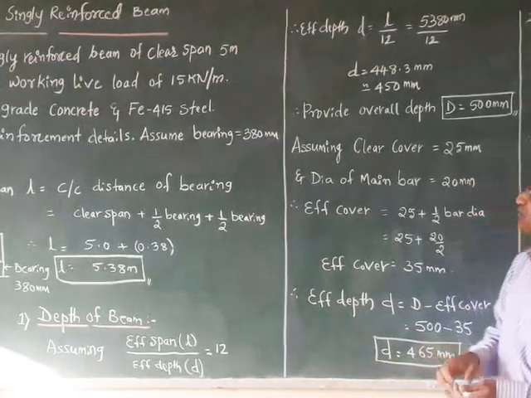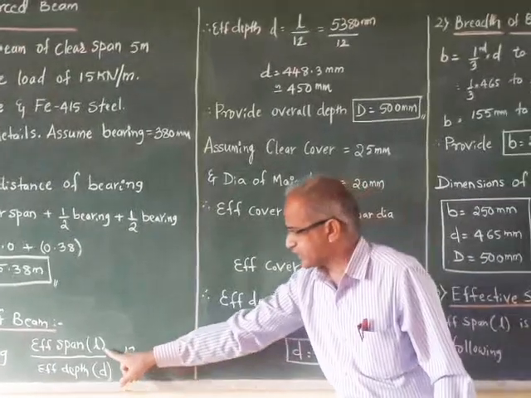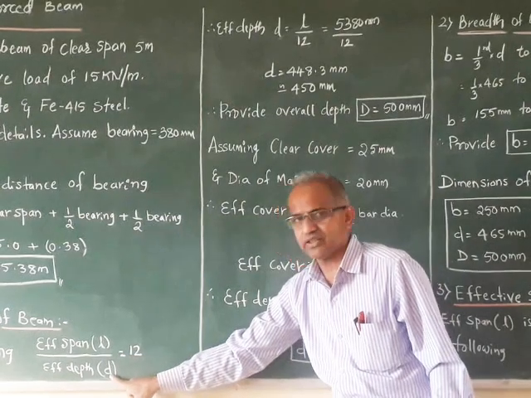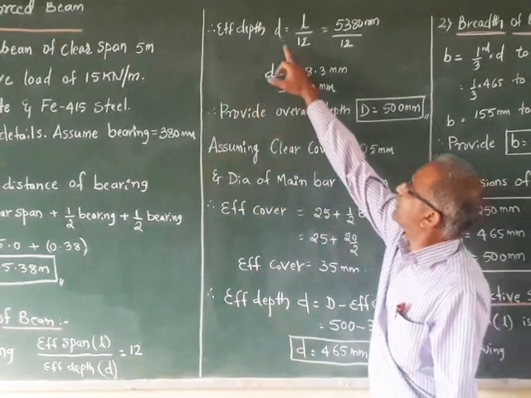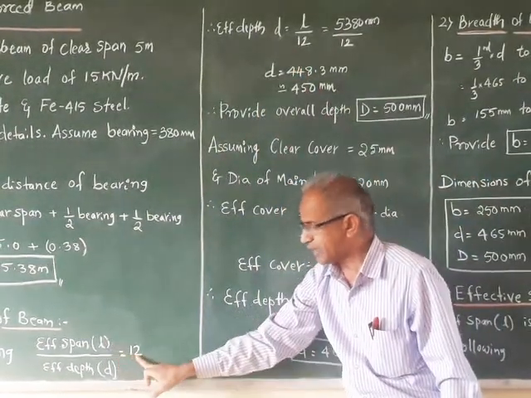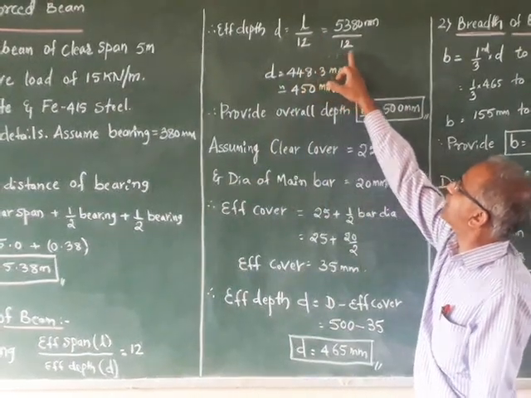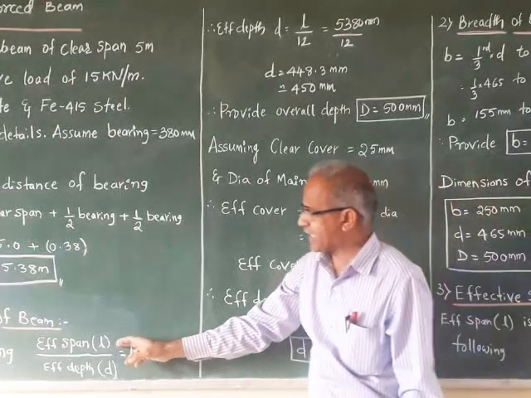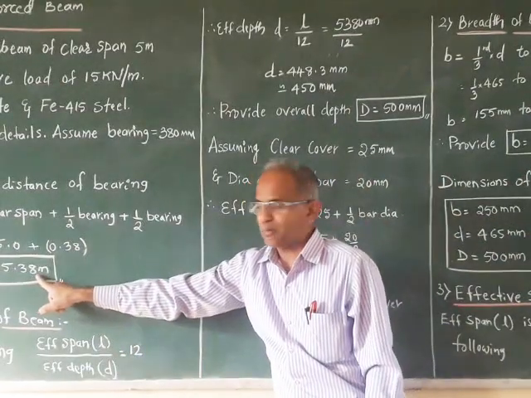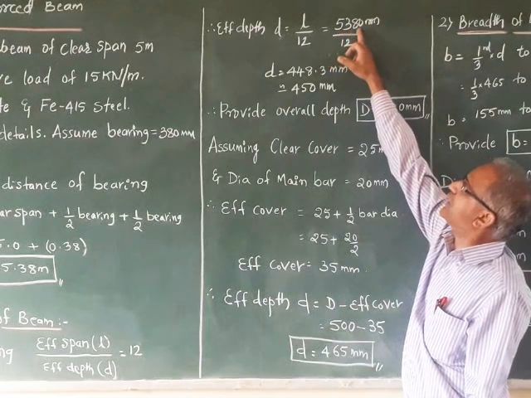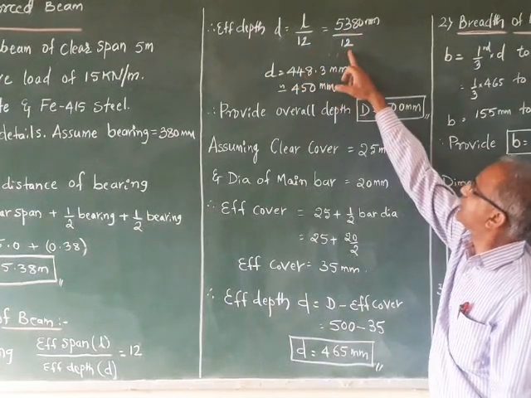Once you assume this, L is known, this ratio is known, we can find out the effective depth. Therefore, effective depth d is equal to L by 12, that is effective span divided by 12. What is the effective span? 5.38 meter. Let's substitute in millimeter, that is 5380 divided by 12.